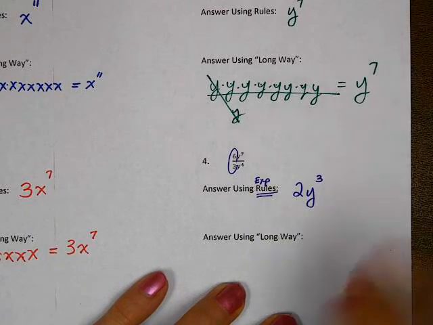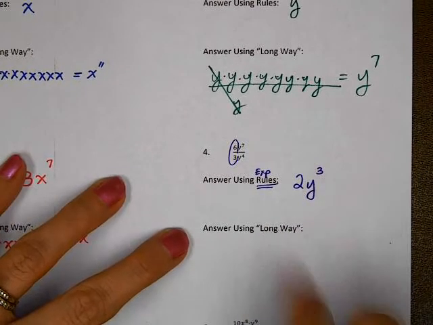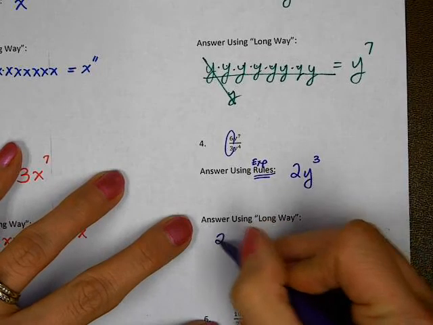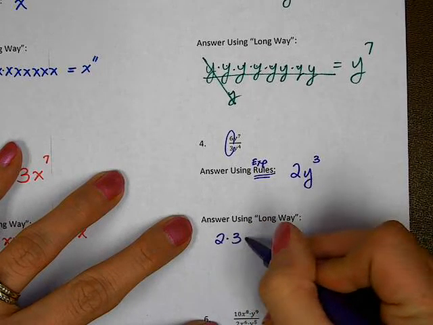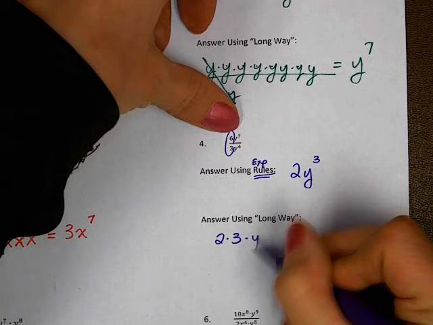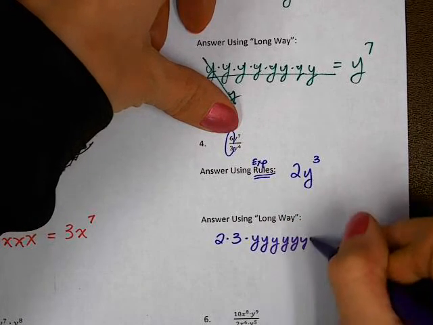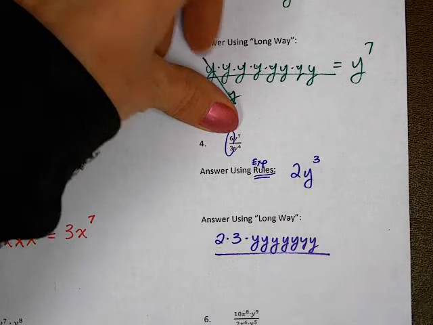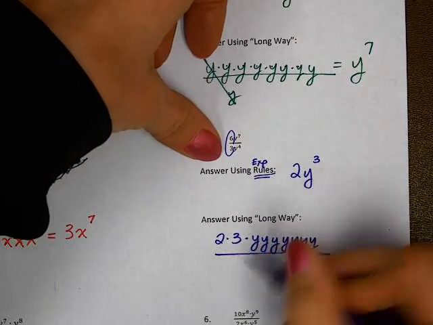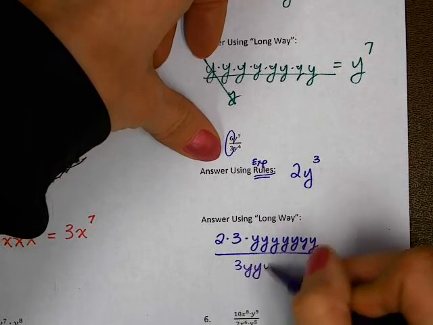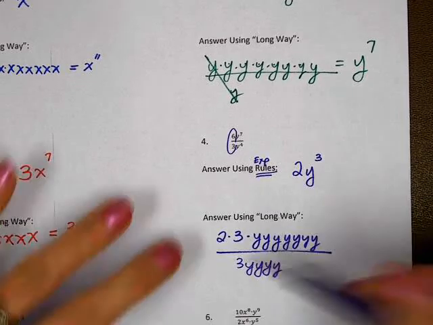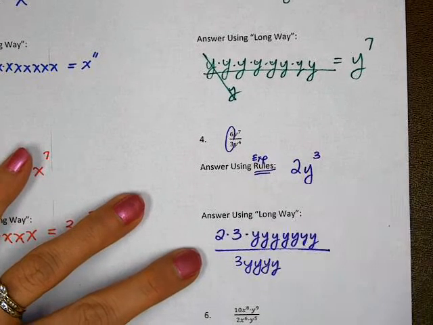Okay, let's double check doing it the long way. 6 is 2 times 3 times y to the 7th. 1, 2, 3, 4, 5, 6, 7. And what's in the denominator? 3y to the 4th. Do you see why I wrote 6 is 2 times 3?